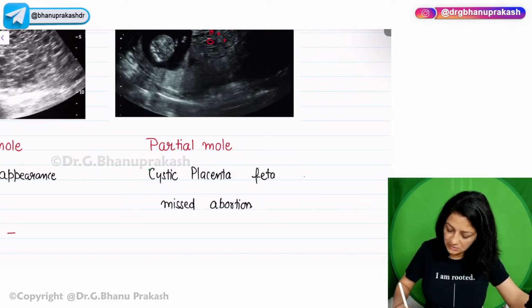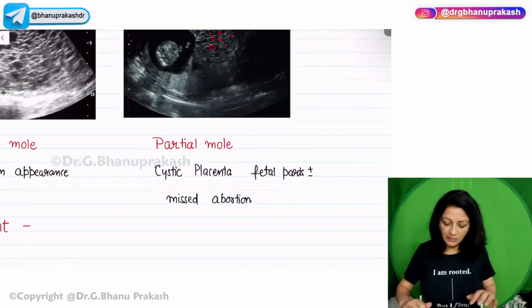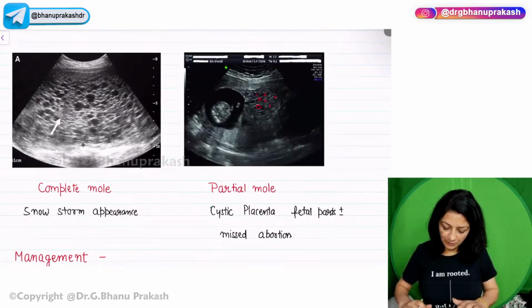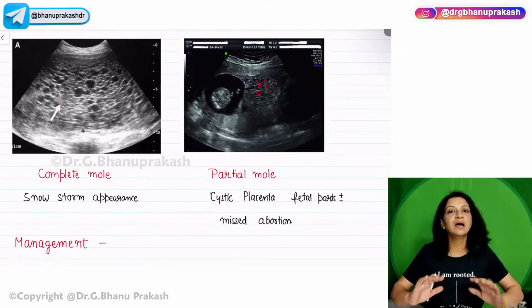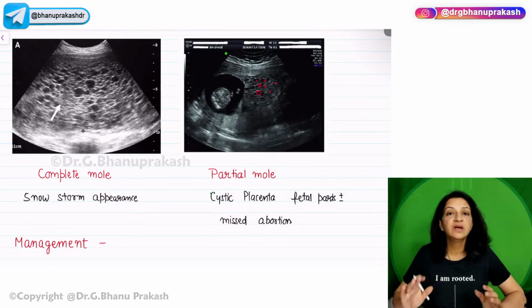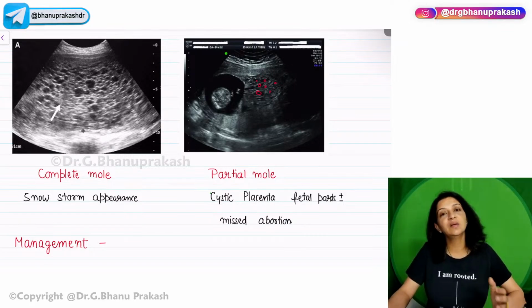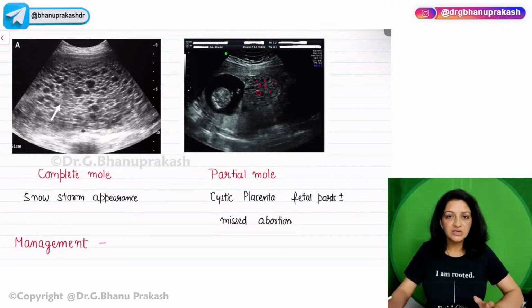Fetal parts may be present or not. In case of complete mole, fetal parts will be absent, but in case of partial mole, fetal parts will be present. In ultrasound, it depends on whether fetal parts are visible or not. So that is the difference between complete and partial mole.